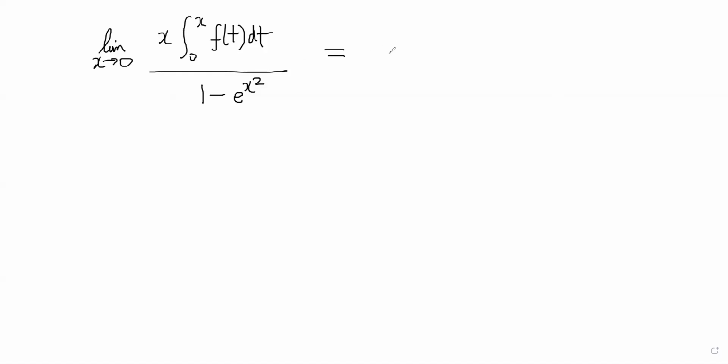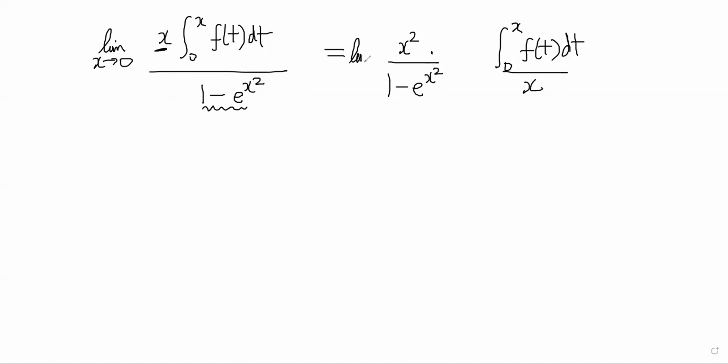So we'll do this limit in two parts. Here we have an x, here we have 1 minus e power x square. So I can write it as x square by 1 minus e power x square and integral 0 to x f of t dt divided by x, right? I have basically split the limit into two separate limits.